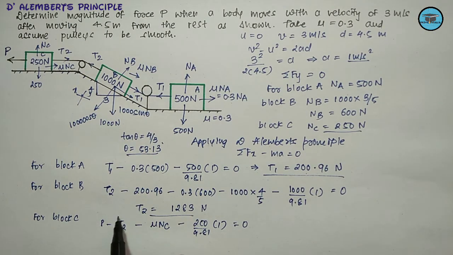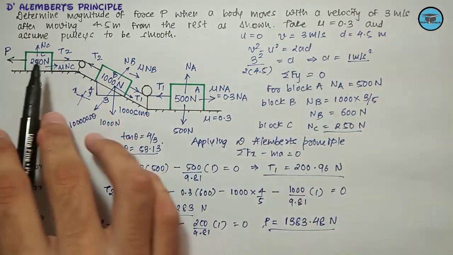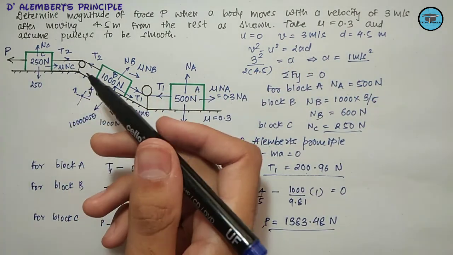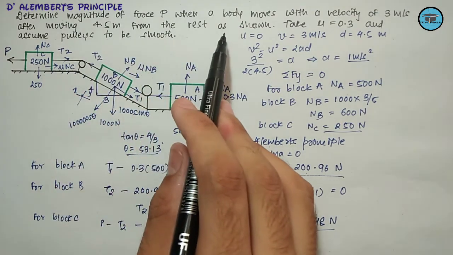Solving further, we know T2 as 1283 Newton and NC as 250 Newton. Placing the values, we get the value of P as 1383.48 Newton. This is the magnitude of the force when the body moves with a velocity of 3 meter per second after moving 4.5 meter from rest.